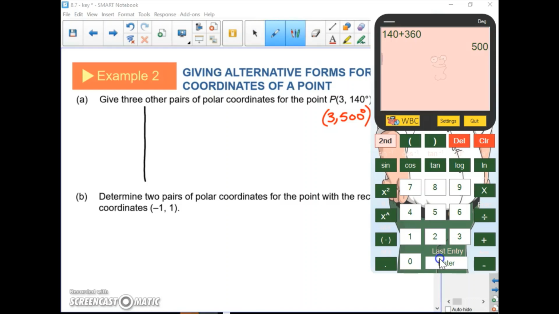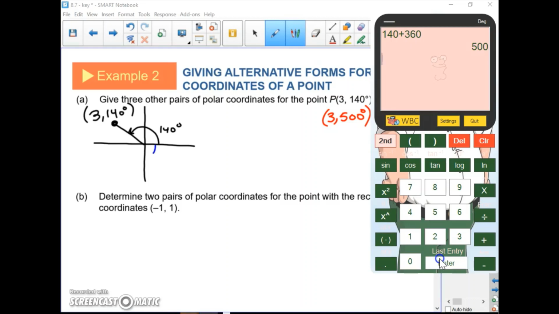Let's visualize where this is. 140 degrees puts us, I don't know, about there. So let's say that's a distance of 3 at an angle of 140 degrees. So this is the point 3, 140. Think about other ways of representing this point. Okay? One thing we could do is go around backwards.